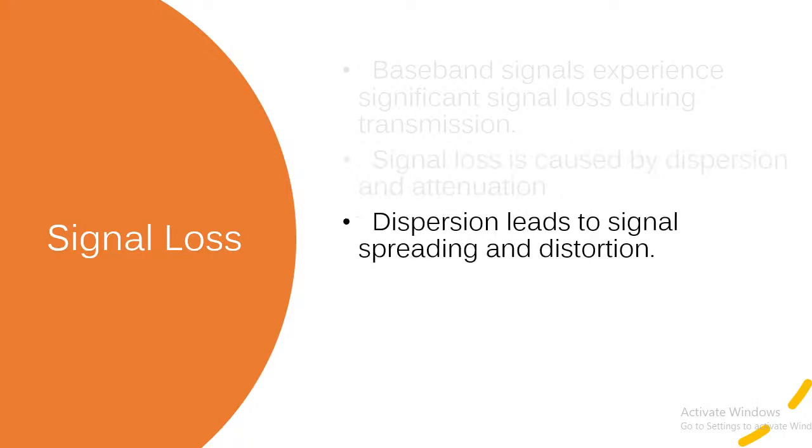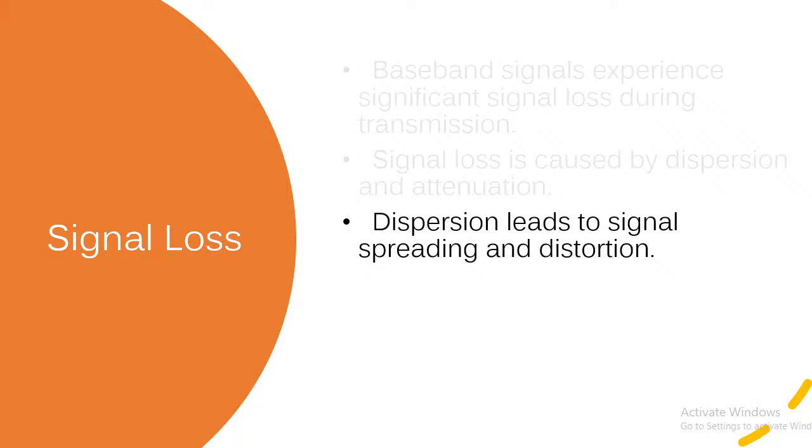Then dispersion. Dispersion means energy is distributed. Suppose the original energy is at frequency f. Because of dispersion, some amount of energy will go to f1, some to f2, some to f3. So the frequency content in f will be reduced, and there will be loss in signal.